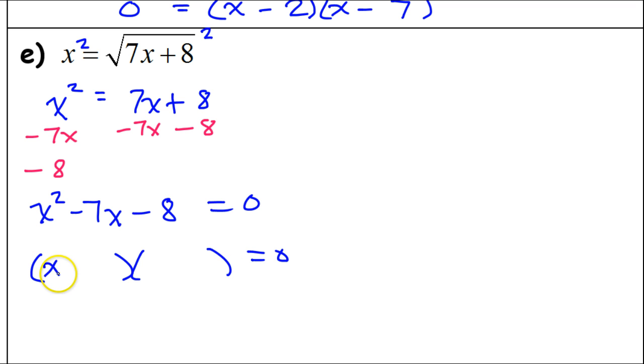X squared would be x times x. 8, 2 times 4, or 1 times 8. Inner I have 1x, outer I have 8x. I'm trying to get negative 7. So if I do negative 8 and positive 1, that would do it. So positive 1, negative 8. That also gives me negative 8 when I multiply, so that's good.